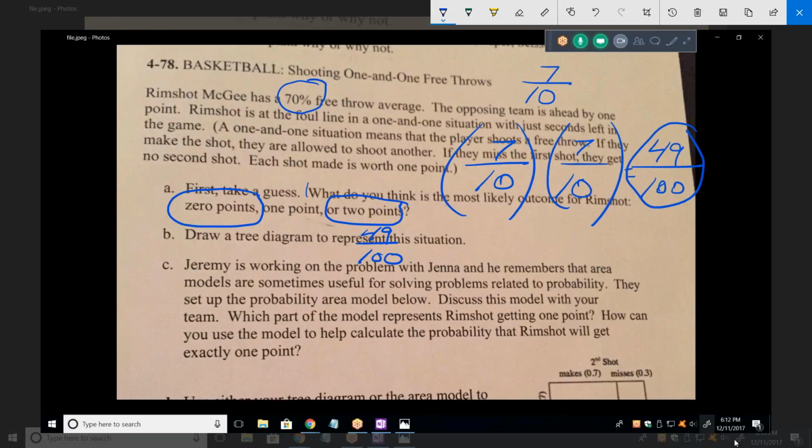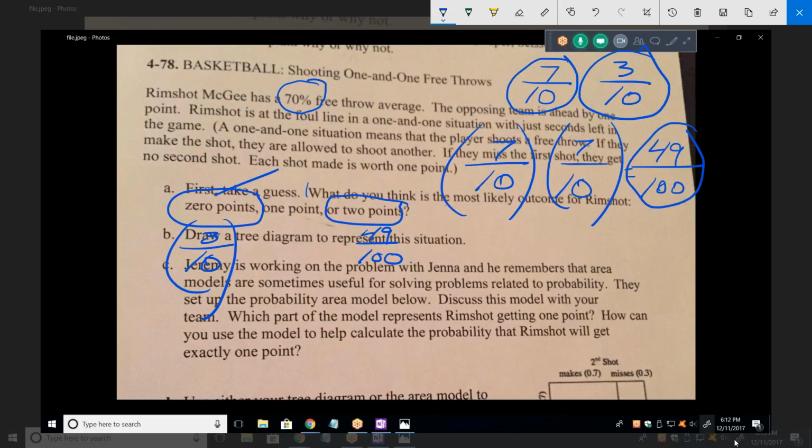It's 70% that she makes, therefore it has to be 30% that she misses. Remember, probability, all possible scenarios have to add to 1. So it's 3/10 that she misses. And if she misses, she does not get a second shot. So it's 3/10 that she's going to get 0 points.